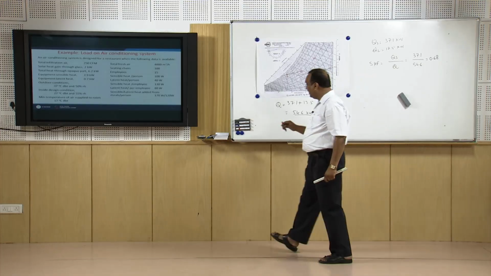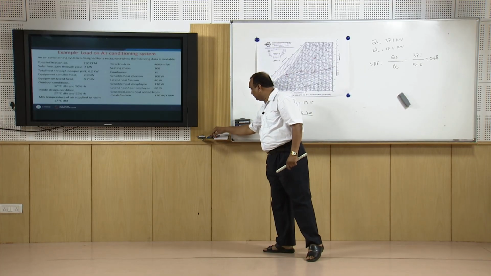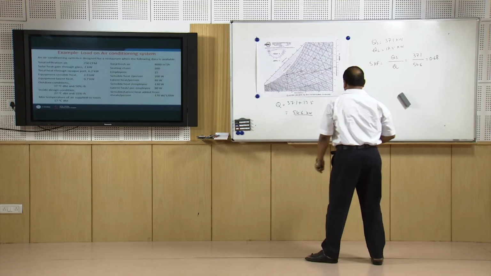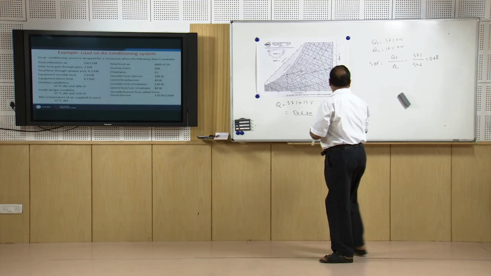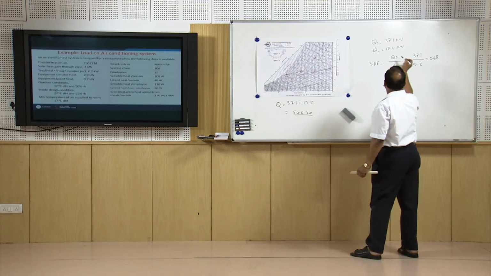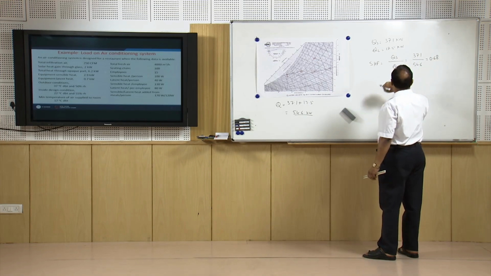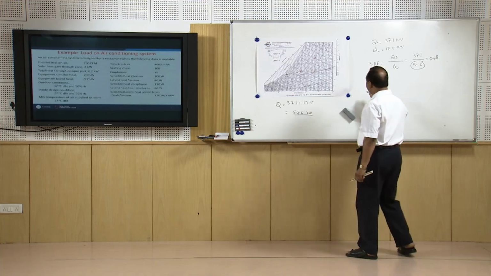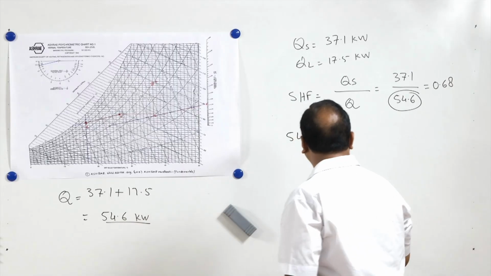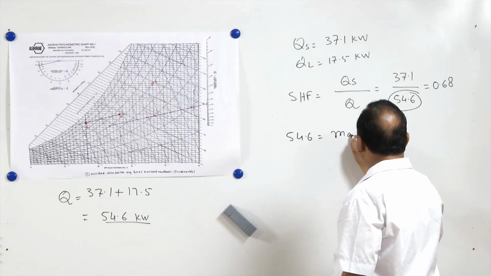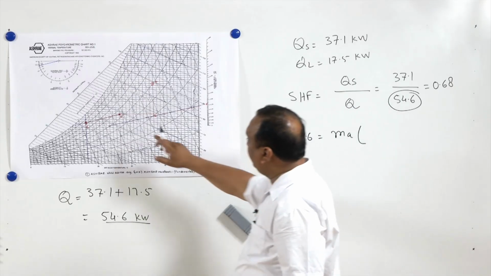So in order to find how much air is required for the purpose of cooling in this room, we can use this total heat, 54.6. So 54.6 is equal to mass flow rate of air multiplied by HB minus HD.